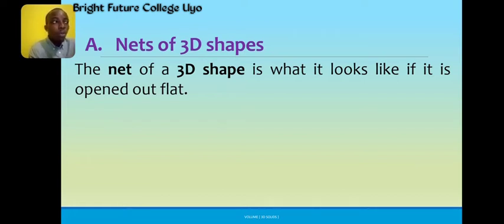By the time you open it flat, you cut out the glue, the sellotape and everything, by the time you open it flat, that's what we call the net. So net has to do with how these shapes look when you open them flat.